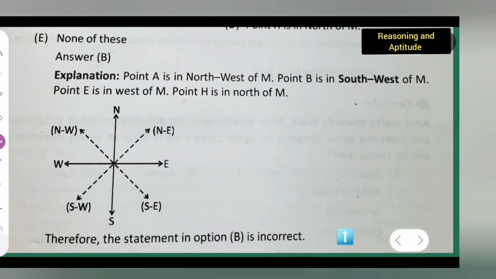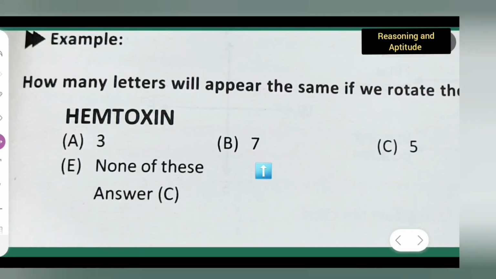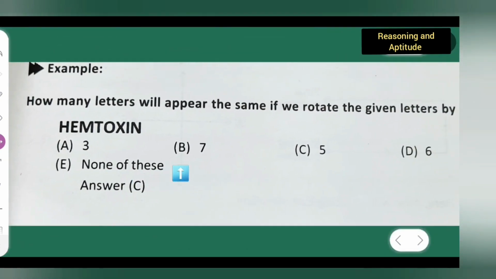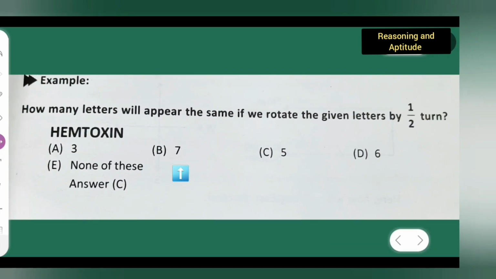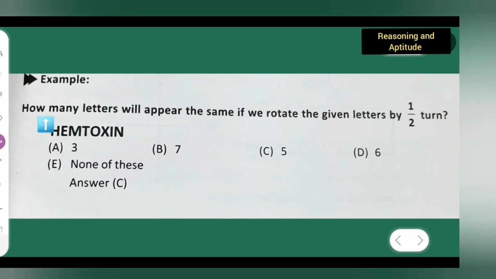Next, moving towards the next example, you all can take down: How many letters will appear the same if we rotate the given letters by 1/2 turn? One word is given.